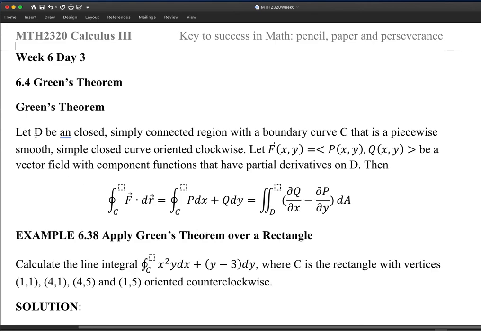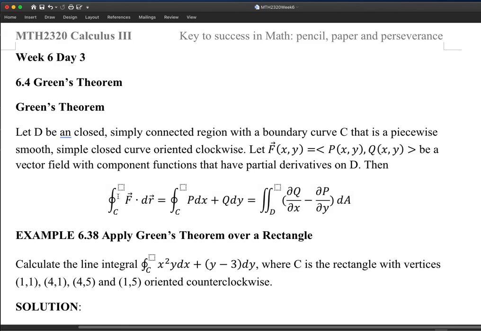Remember, at least I want to point out one aspect. This line integral we are considering in this section is always a line integral on a closed curve. And then when the vector field is conservative, do you remember when a vector field is conservative? Those two cross partial derivatives are the same, right?